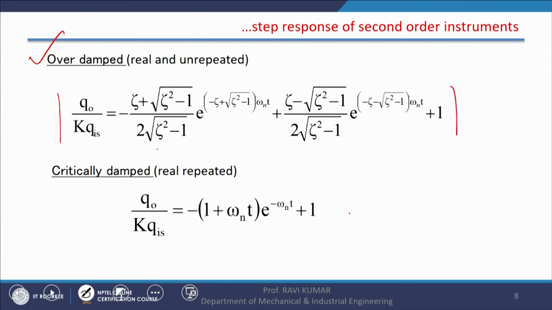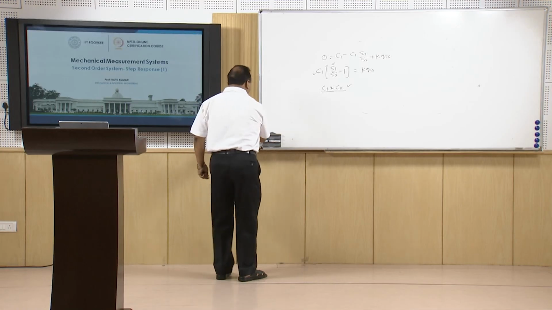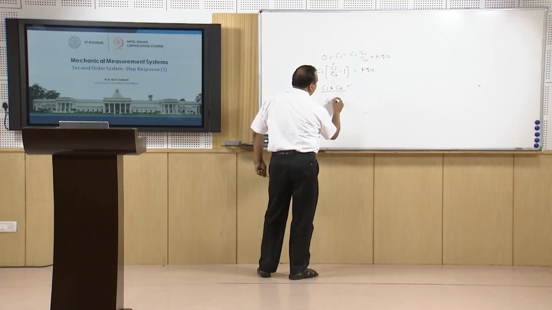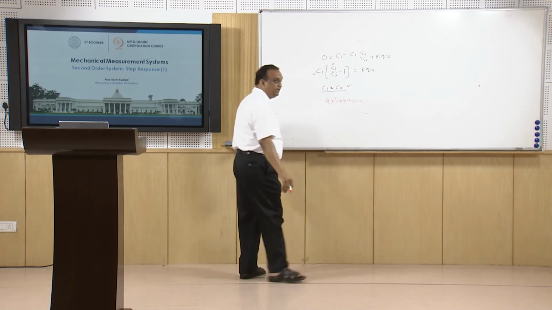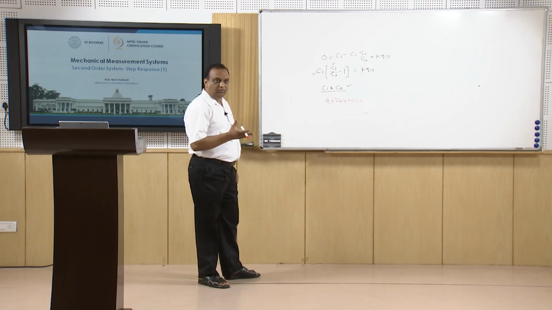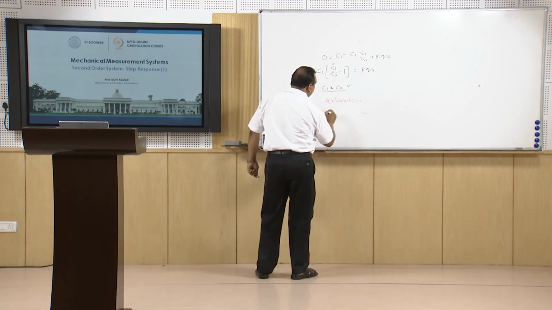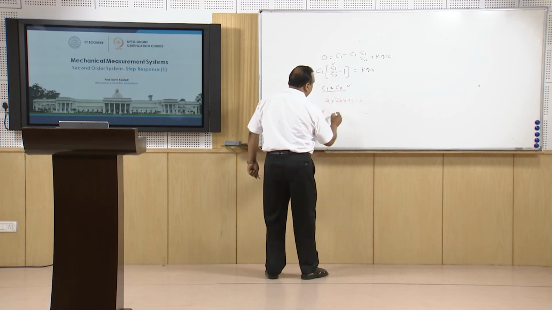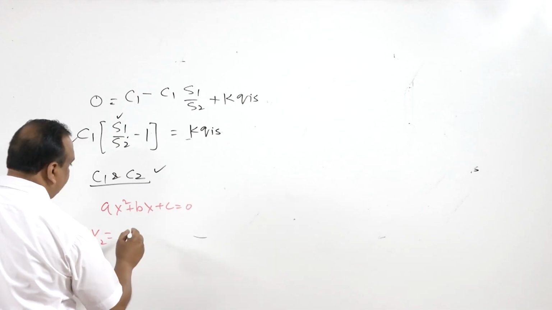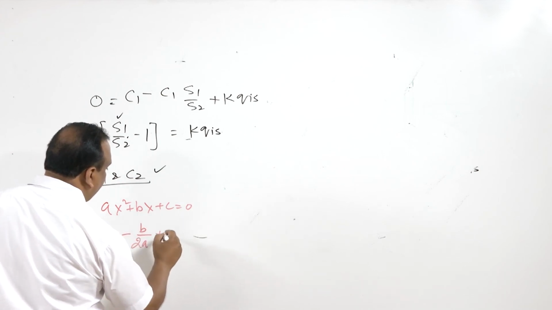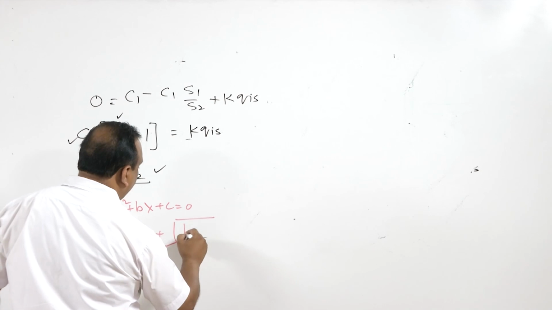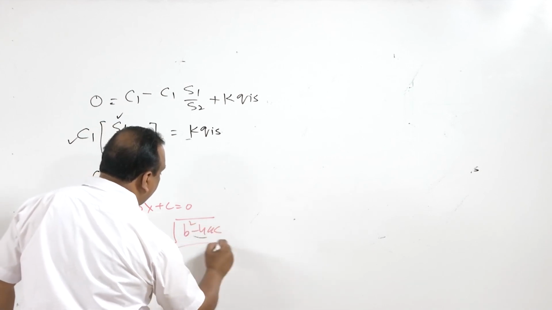Now, another type of solution is when the roots are real and equal. Say for an equation ax square plus bx plus c is equal to 0, if the roots are real and equal, the generalized solution for the roots x1 and x2 is minus b by 2a plus or minus under root b square minus 4ac by 2a.